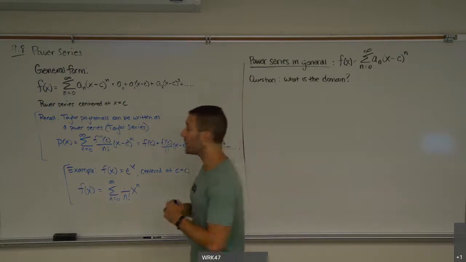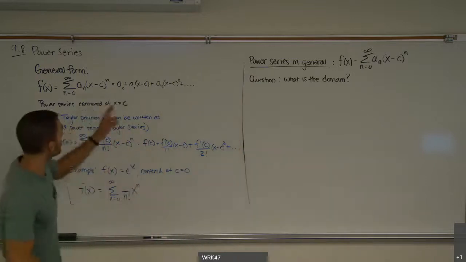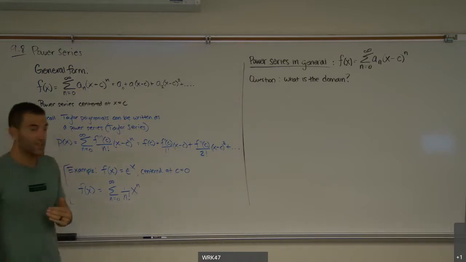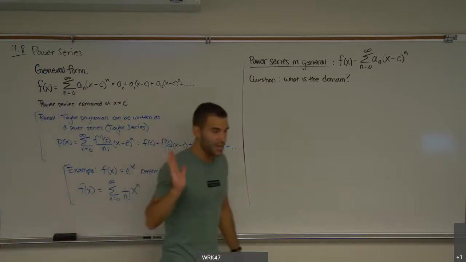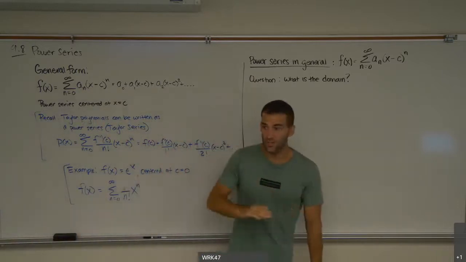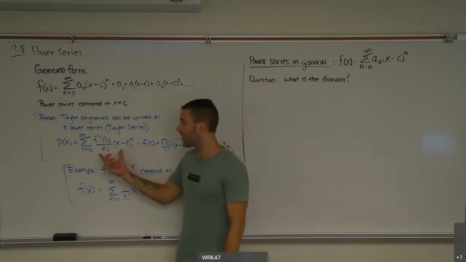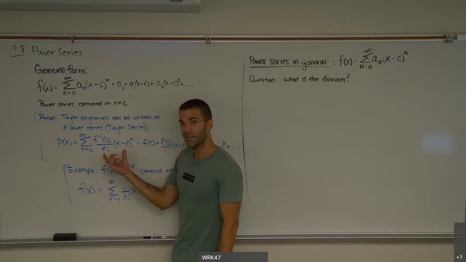Now, this should not be completely unfamiliar, because this construction looks very similar to how we constructed Taylor polynomials. In fact, Taylor polynomials can be written as a power series. If we just extend that algorithm for Taylor polynomials indefinitely, we can create what we call a power series for a Taylor polynomial.